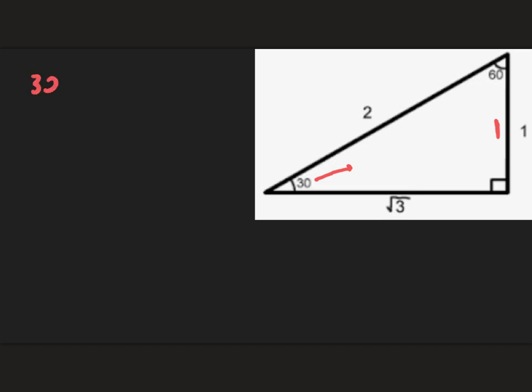The side opposite the 30 is 1/2 the hypotenuse. And then the side opposite the 60 is root 3 times the short leg.